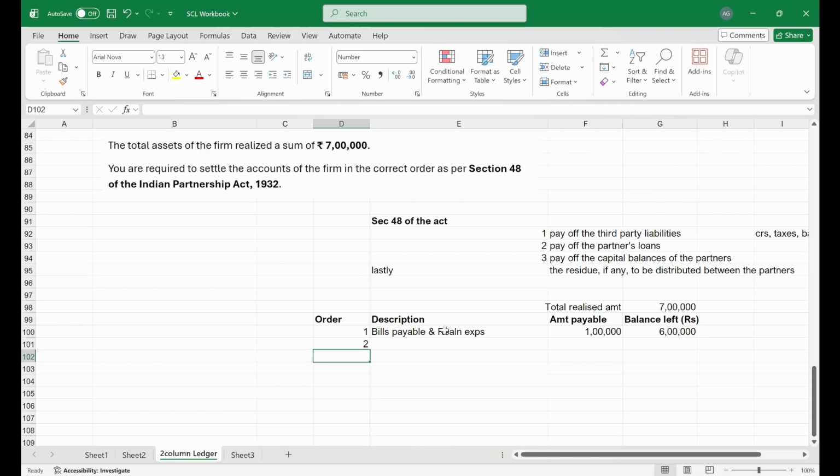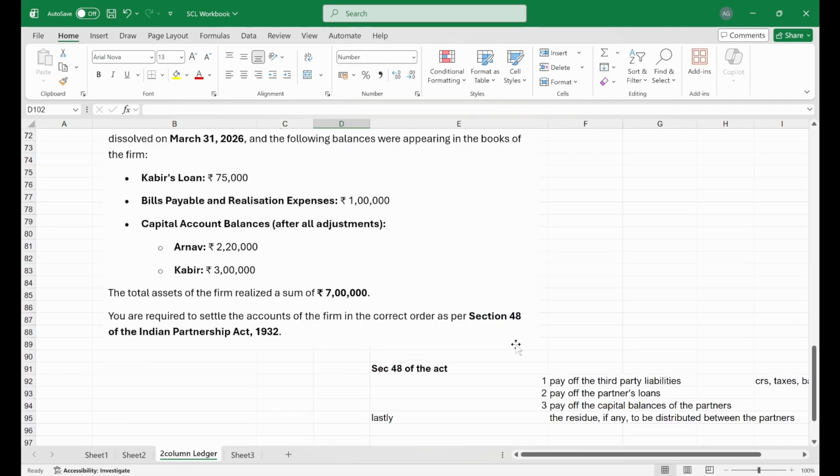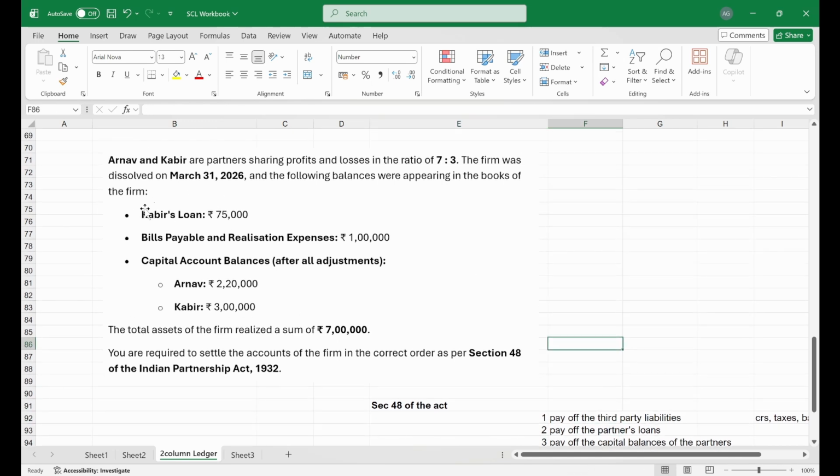Okay, let me go to the second line item. The second line item is, after you paid off all the third party liabilities, you have to pay off partners' loans. So here partners' loan is what? Kabir's loan. Kabir is also a partner and he has given money in the form of capital, but you have to pay off this 75,000 first, and then you have to even think about this 2,20,000 and 3 lakhs.